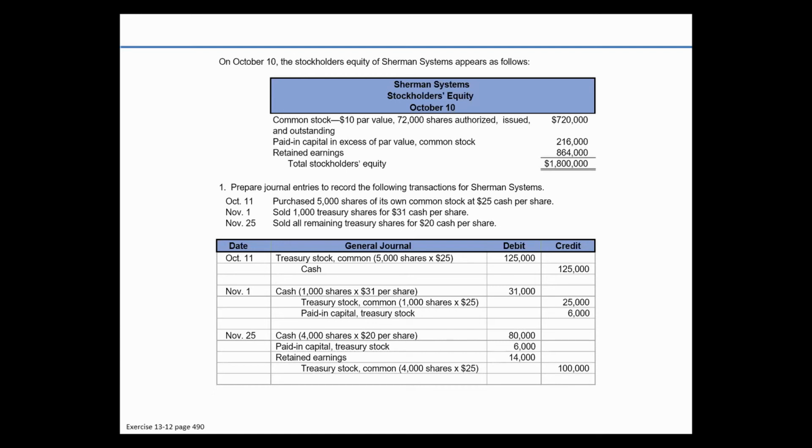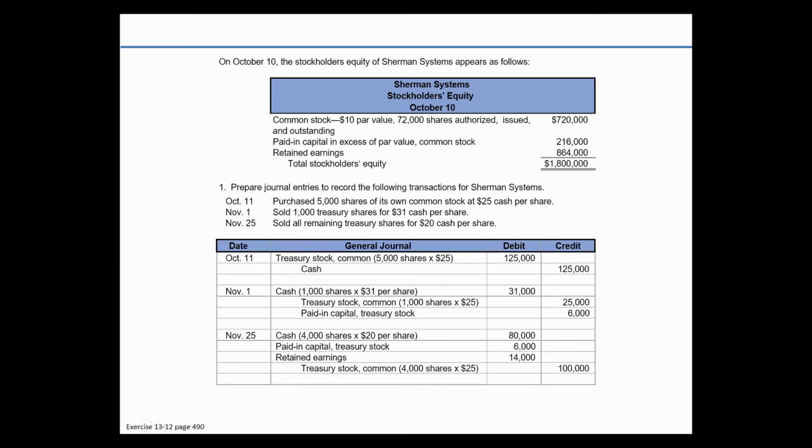Then we have the treasury stock common, which is the amount that we purchased them for, 25 a share. So 1,000 shares times $25 a share is $25,000, so credit. And we also would credit the paid in capital from treasury stock of 6,000.